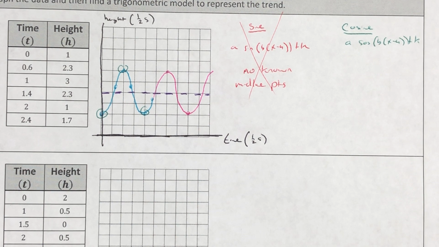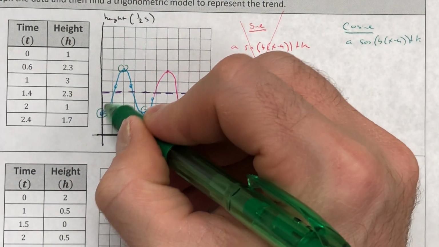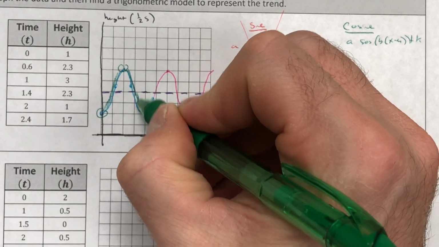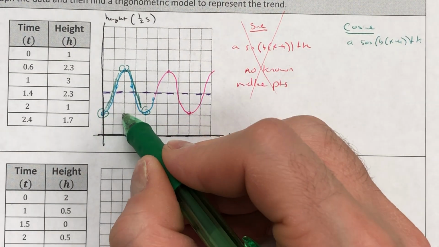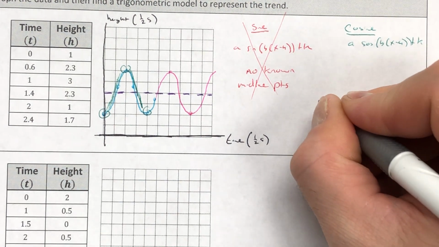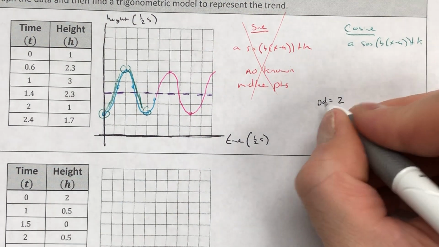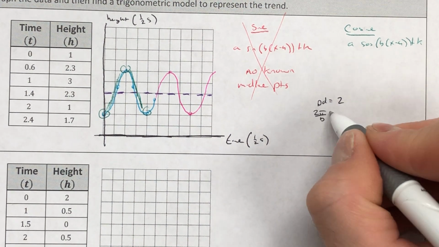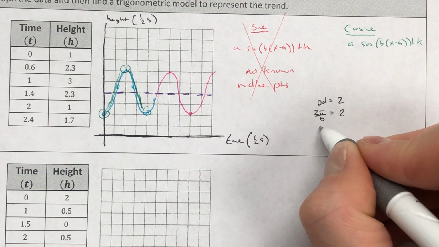So cosine function, it looks like I go all the way up, and then I come back down. And that takes a total of half 1, half 2, which means my period is 2 units long. And if my period is represented by 2 pi divided by b, I'm going to solve for b.